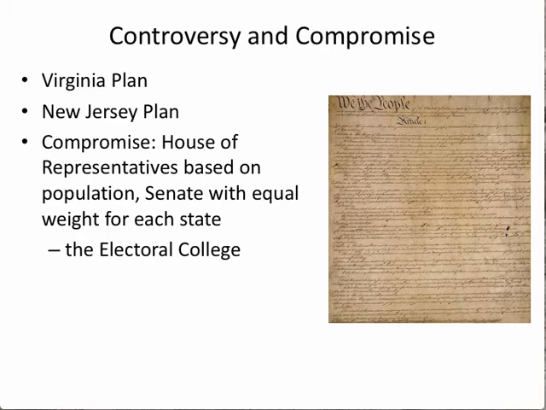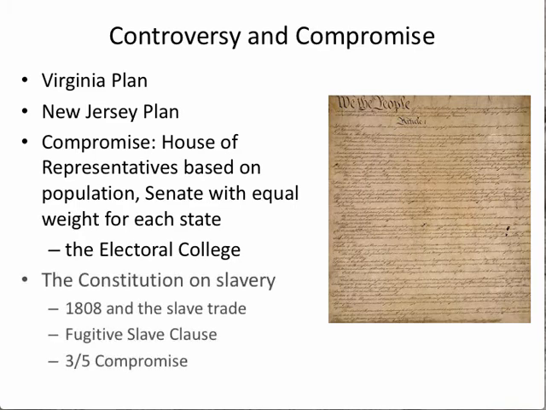Another area in which the convention had to compromise was slavery. Now, it's very interesting that if you read the Constitution from beginning to end, you will not find the word slave or slavery in it, which gives you a sense, I think, of how much the Founding Fathers were embarrassed by the institution of slavery, and in fact that they knew it was wrong.